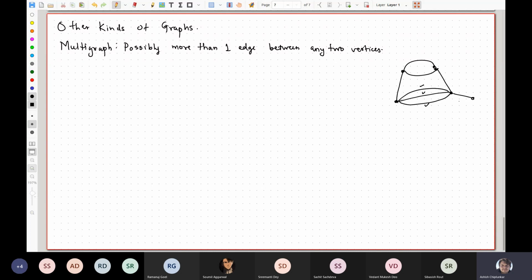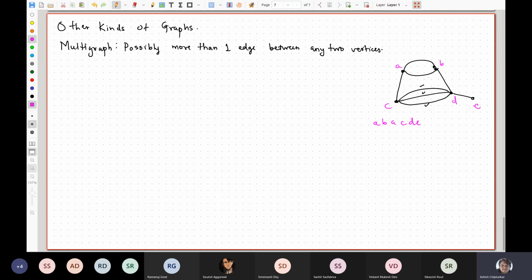Right, so you can define walks in exactly the similar manner, except that when you define a walk, you'll have to disambiguate and tell which edge you are taking. If I call these vertices A, B, C, D, E, right? So if this were a usual graph, I could have talked of a walk of the form A, B, A, C, D, E or something like that.